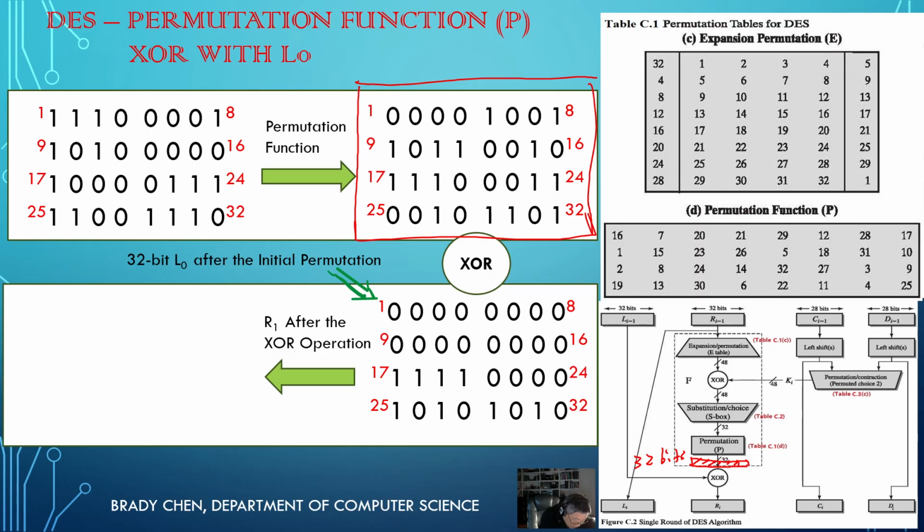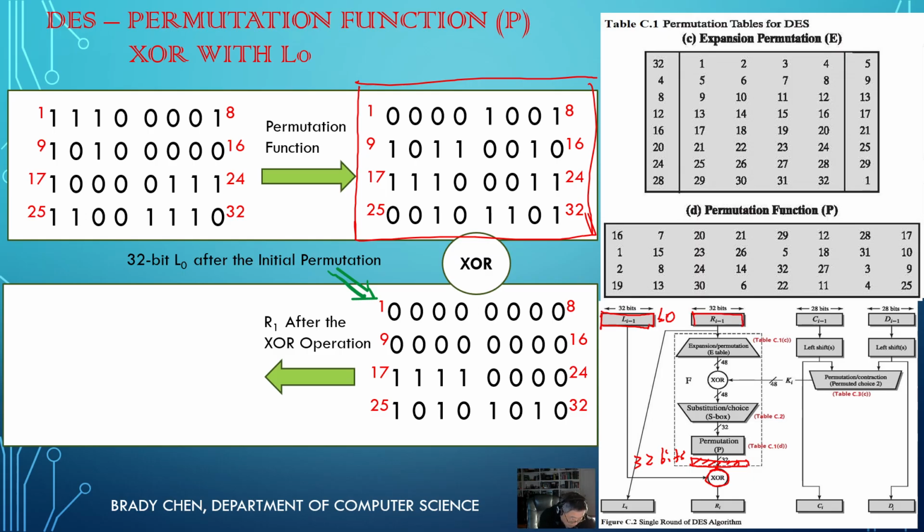And then that 32 bits will perform the exclusive OR with L0, which is the 32-bit on the left side after the initial permutation.